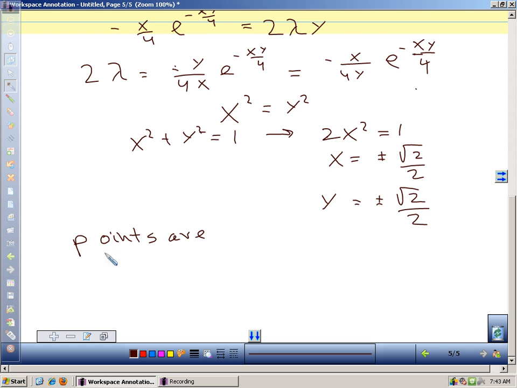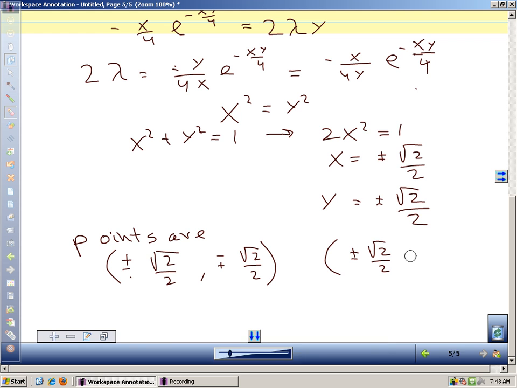When they're the same sign, we have plus or minus square root of 2 over 2 and plus or minus square root of 2 over 2. And we have another set, plus or minus square root of 2 over 2 and minus or plus square root of 2 over 2. These have opposite signs.